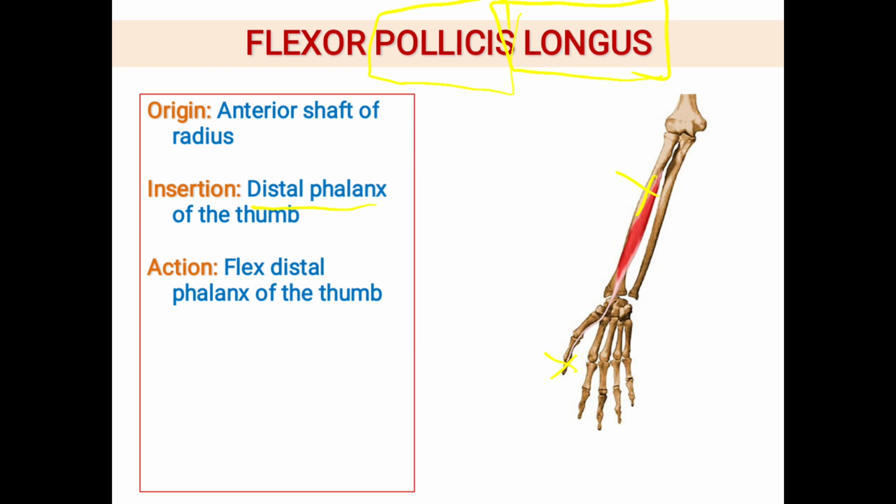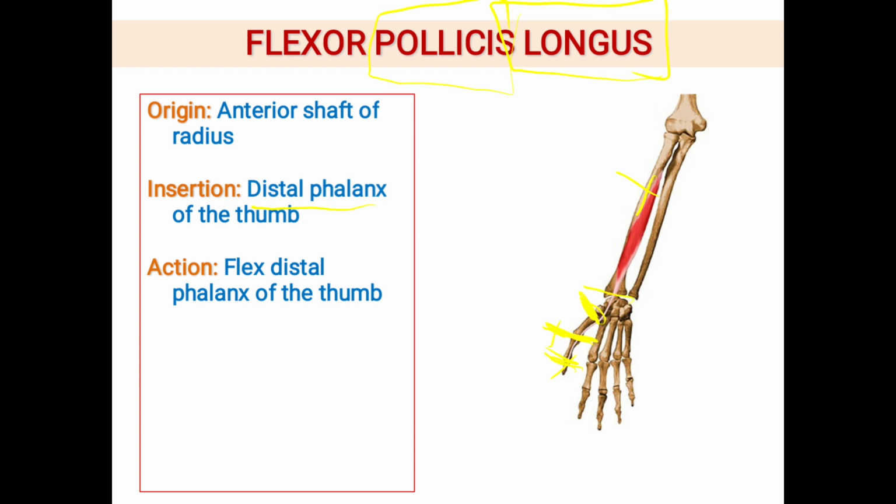So what is the action of this? It can flex the thumb, of course. Flexor pollicis longus can move the MCP because it crosses the MCP. It can flex the interphalangeal joint. It can flex the thumb, and you have there the saddle joint.